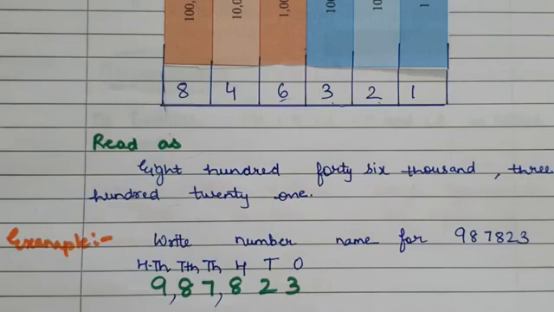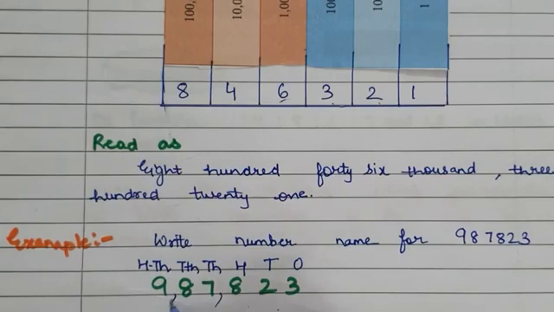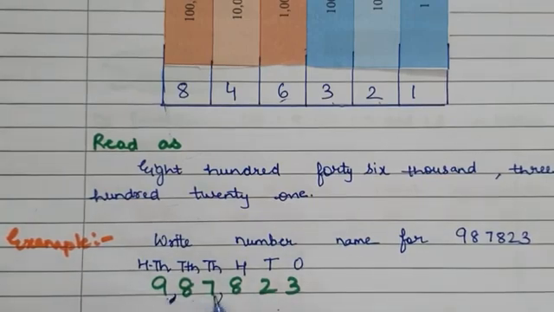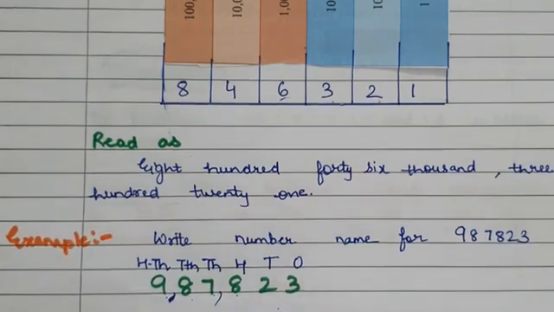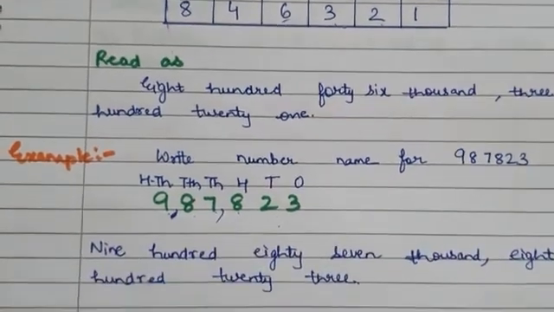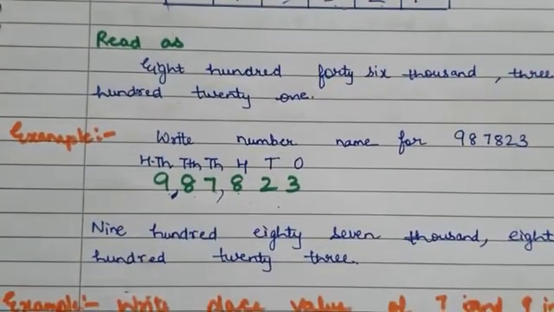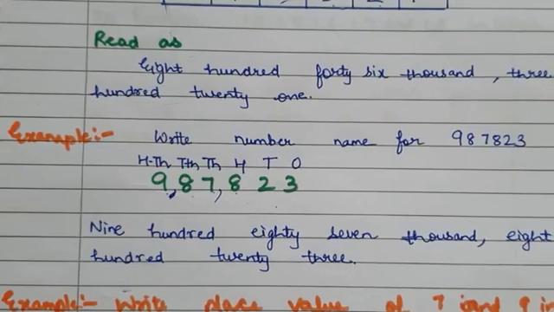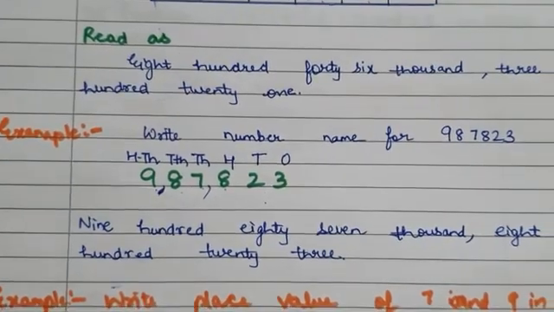Now what we will do, we will write the number name, that is 987,000, sorry, no comma here, 987,823. Clear?